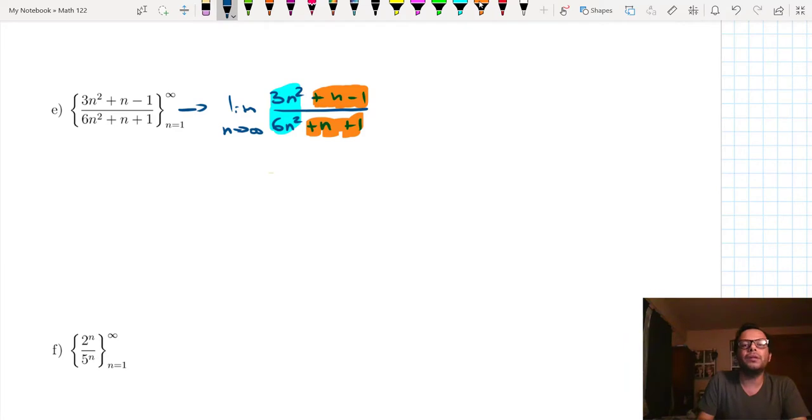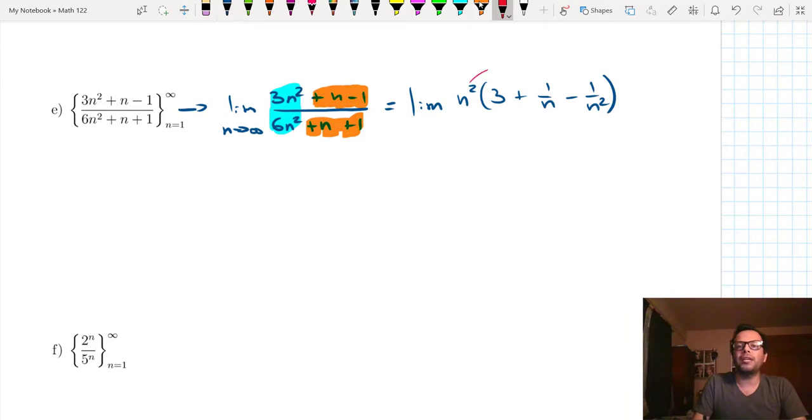How do we do that? Well, factor the highest power of the variable in both the numerator and denominator, that is n squared. We get n squared times 3 plus 1 over n minus 1 over n squared. Okay, so if we distribute this back, we get n squared times 1 over n, cancel one of the powers, we get n.